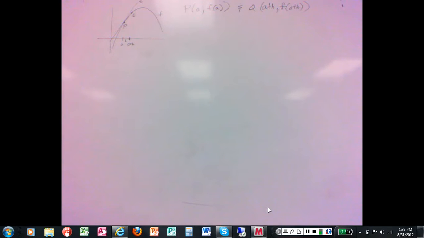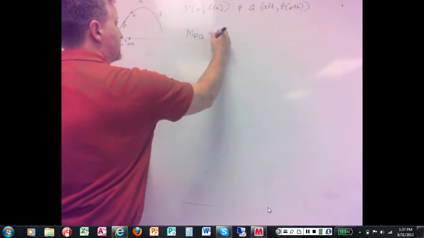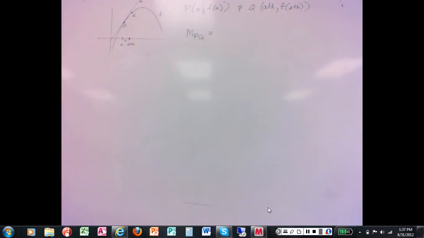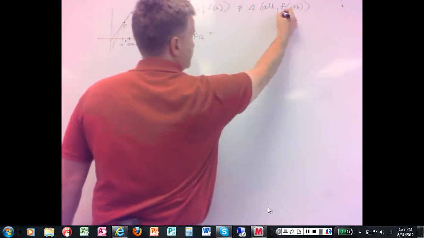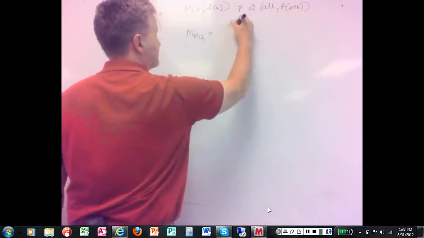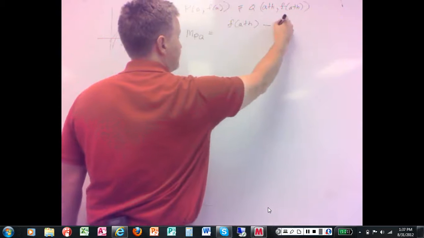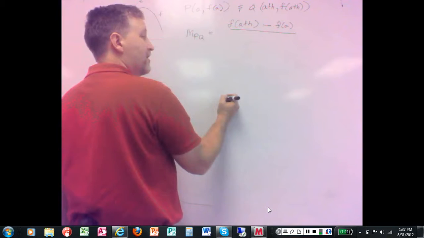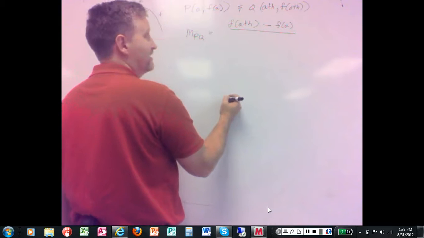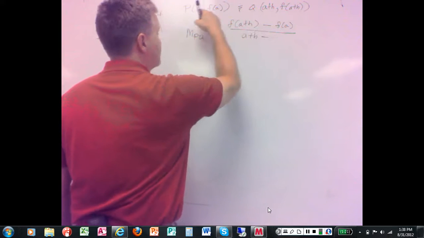All right. So now what is the slope of this secant line going to be? Well, difference of the y's, which is f of a plus h minus f of a, over, now what's the difference of the x's? Well, this x is a plus h minus this x, which is a.